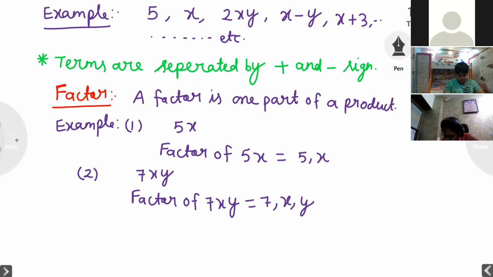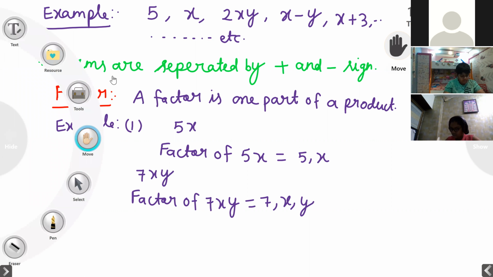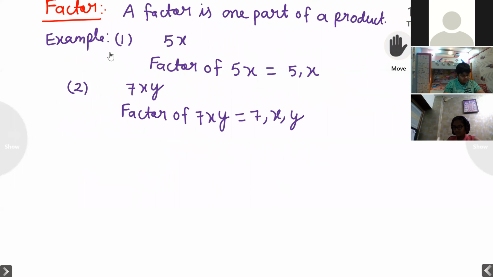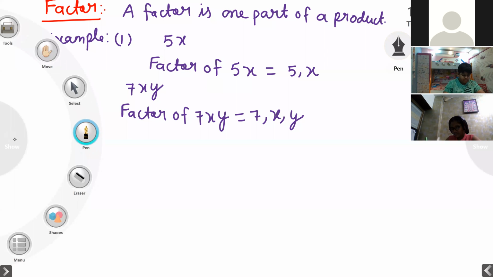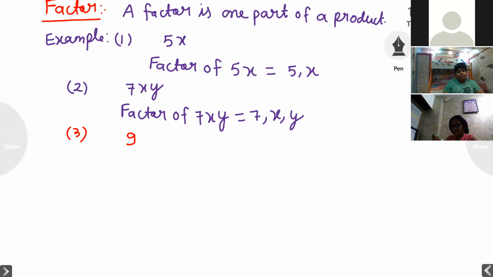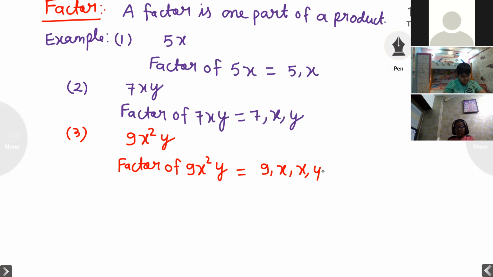I hope, students, you are getting my point. Third example, 9x square y. Factor of 9x square y equals, I can write 9 comma x comma x comma y, or 3 comma 3 comma x comma x comma y.